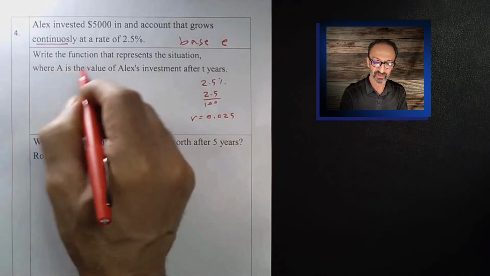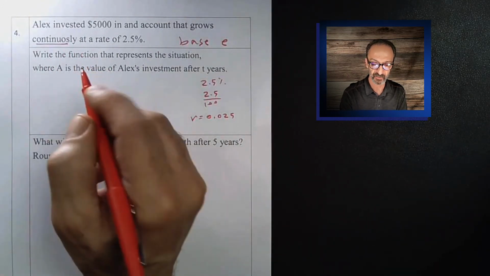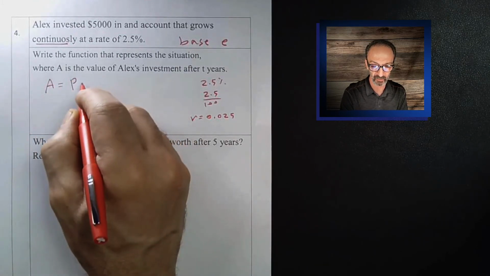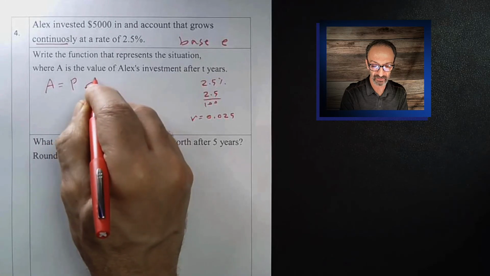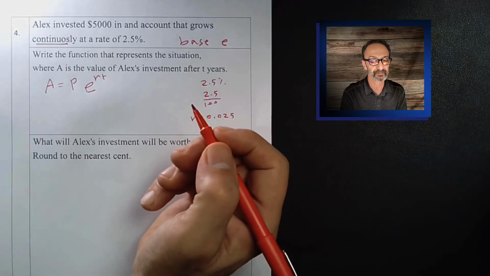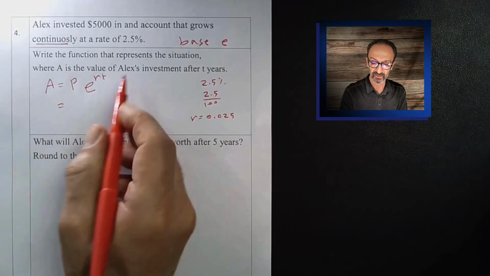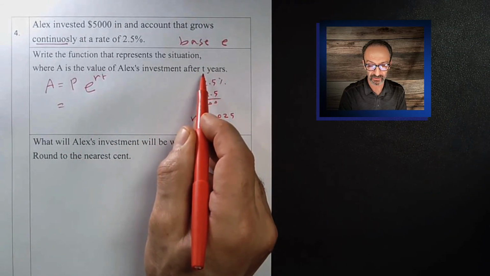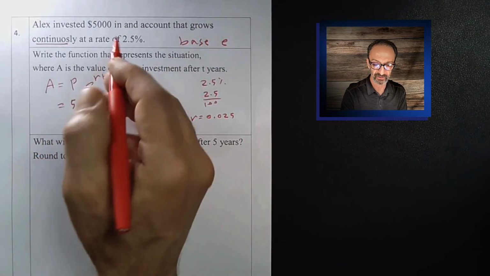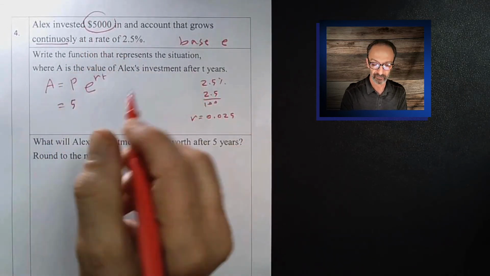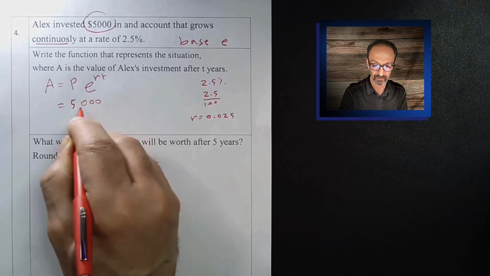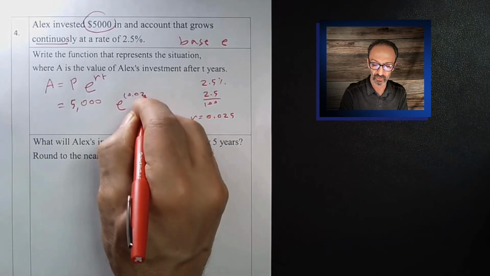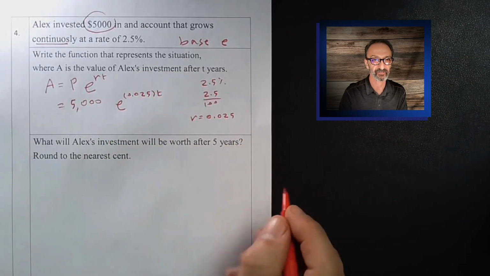The formula for continuous investments is A equals P, the initial amount or the principal, multiplied by e to the rt. To write the function that represents the situation in general with t years, that's going to be 5,000, that's my investment, times e to the power 0.025 multiplied by t.